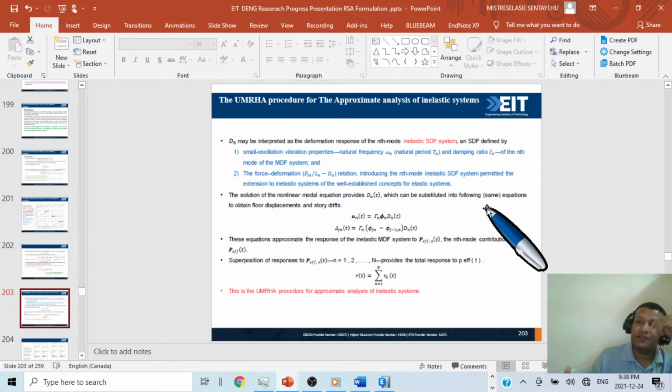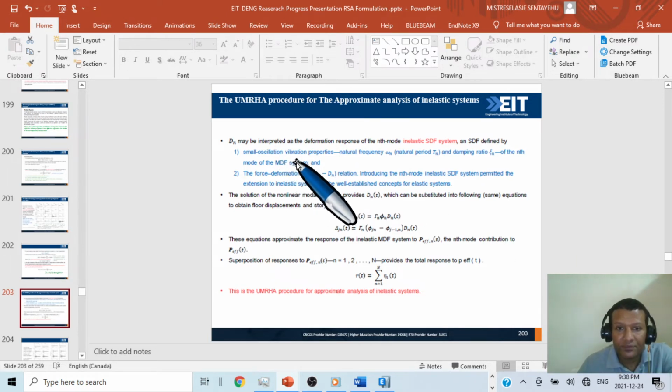Now our single degree of freedom system is also defined by small oscillation vibration properties: natural frequency, natural period, and damping of the nth mode of the multiple degree of freedom system.